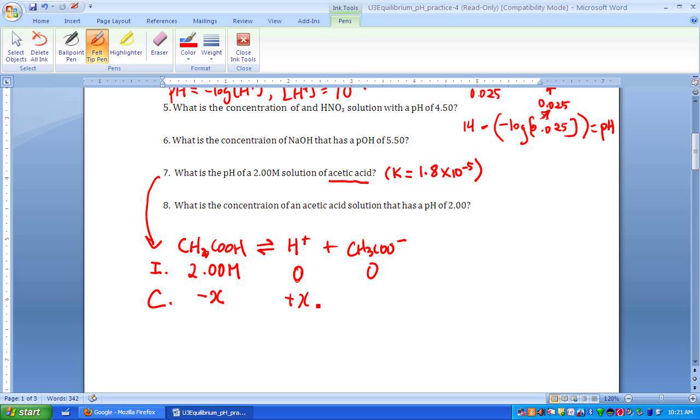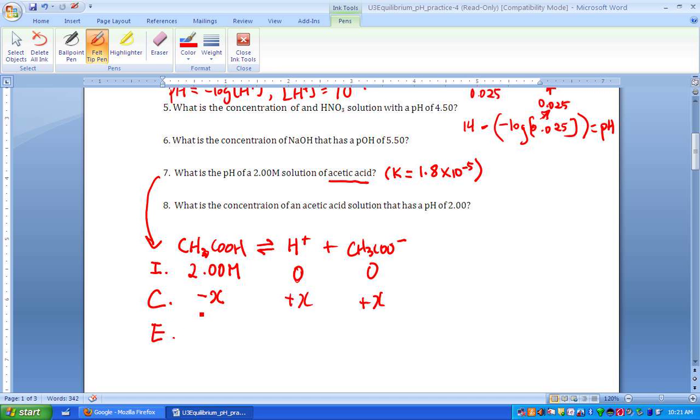The change has to be according to the molar ratio. Everything is 1 to 1 to 1, so it's minus x, and on this side plus x, plus x. But if you run into a problem where you have a 2 here, you need to do plus 2x. So you need to make these changes according to the molar ratio.